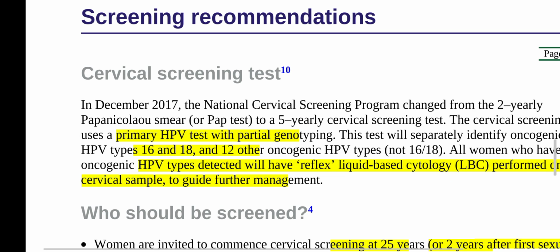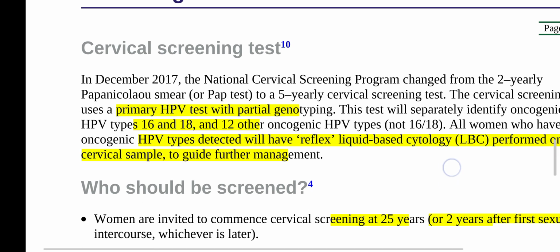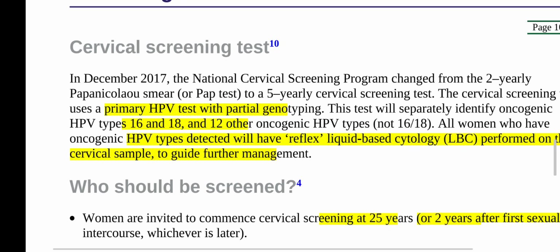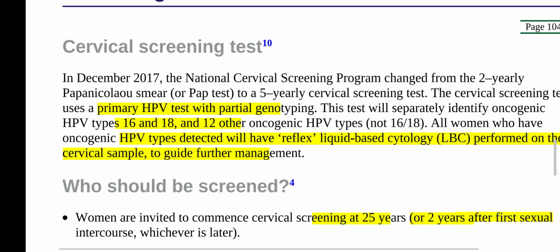For the primary HPV test, they are testing for HPV types 16 and 18, and other oncogenic HPV types other than 16 and 18. So this is the first screening method for the cervical screening test.